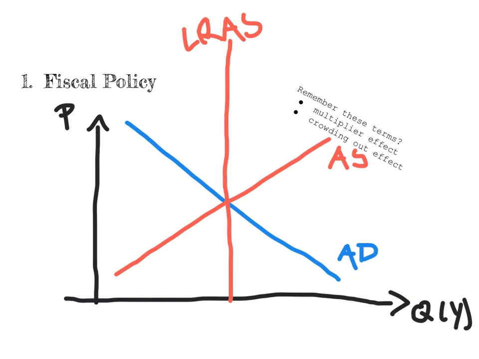How should we draw this on this graph? Think for a minute and do it. Yes, we want to shift aggregate demand to the left as a result of everything that's going on, right? So we're going to draw a second aggregate demand curve. We can label this AD2. And this can be AD1.